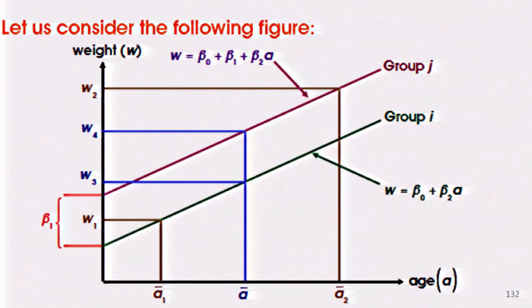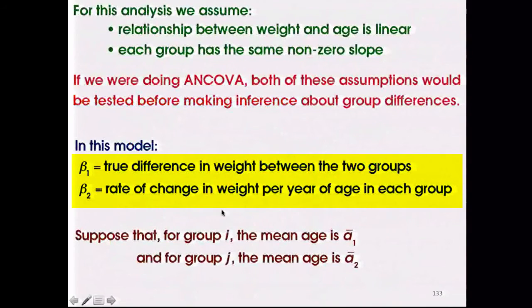Beta 1 is the true difference between the two groups, and beta 2 is the rate of change in weight per year of age in each group. It's the slope, and the slope is the same for males and females. Males had an intercept that was beta 1 units bigger than the intercept for females, so that's the true difference between the groups.